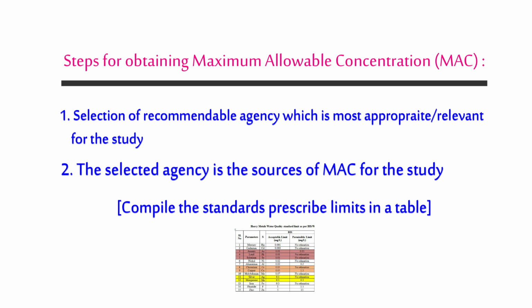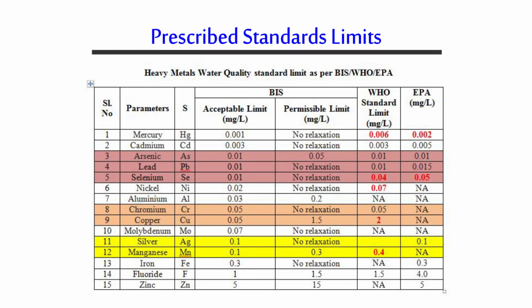The best way is to compile the standard limits of different heavy metals in the water samples in one table so that it will be convenient and easy for the researchers to do the computation or the assessment later on in the calculation stage. So this is the table in which I have compiled all the different heavy metals present in water samples, adopting WHO, EPA and BIS prescribed standard limits.